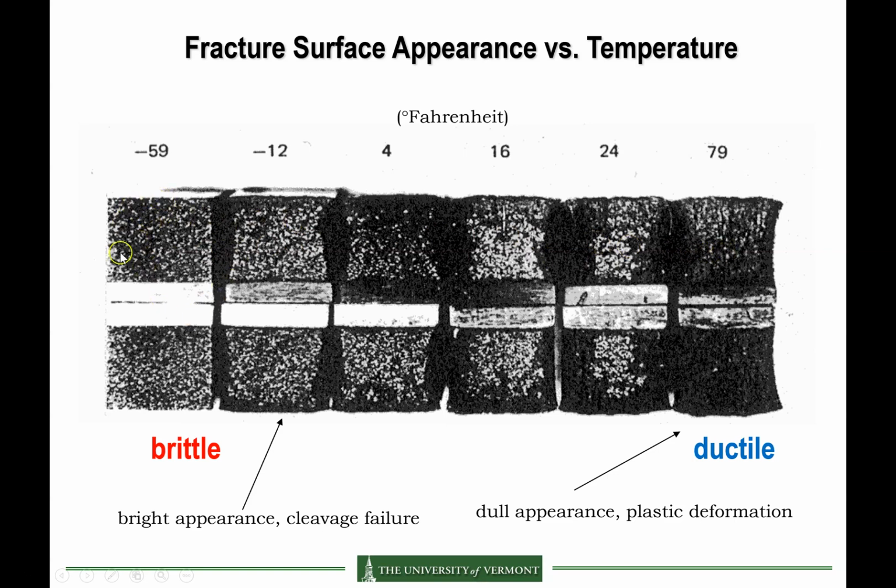So if we see that the specimen has a very flat fracture surface after failure, this will suggest the material is brittle. And then if it's not flat and dull, then the specimen or the material is ductile. And so depending on how ductile you are, the analysis may not be valid anymore.